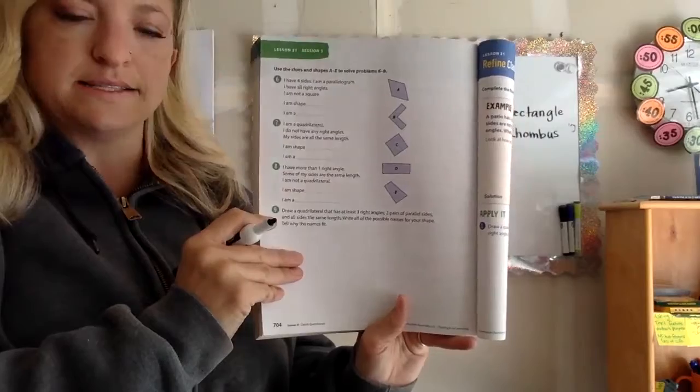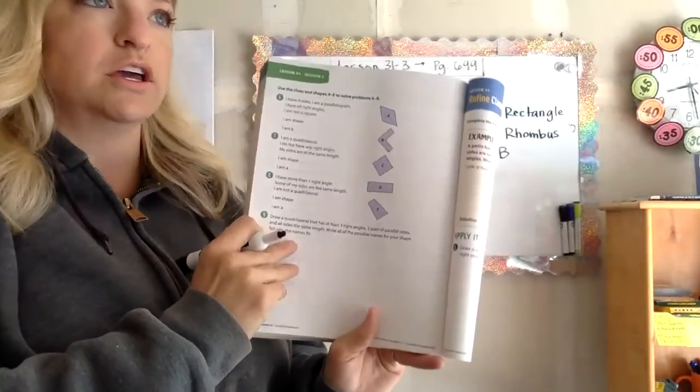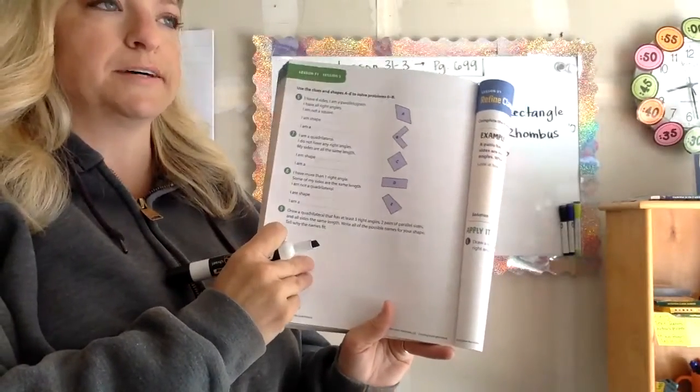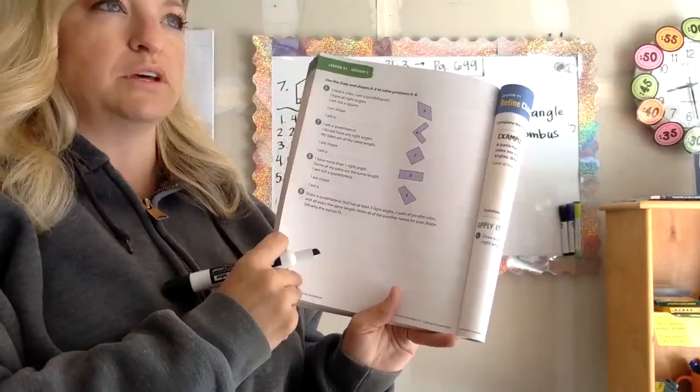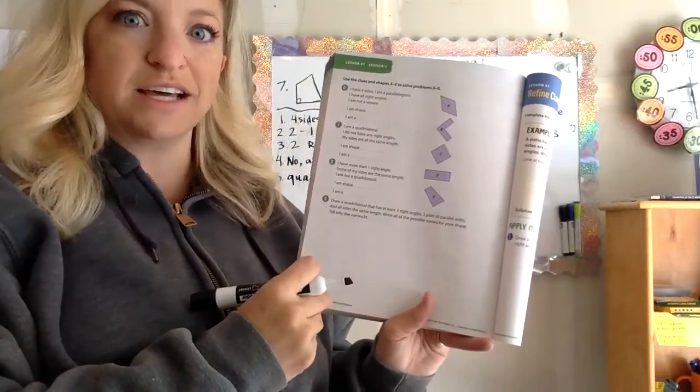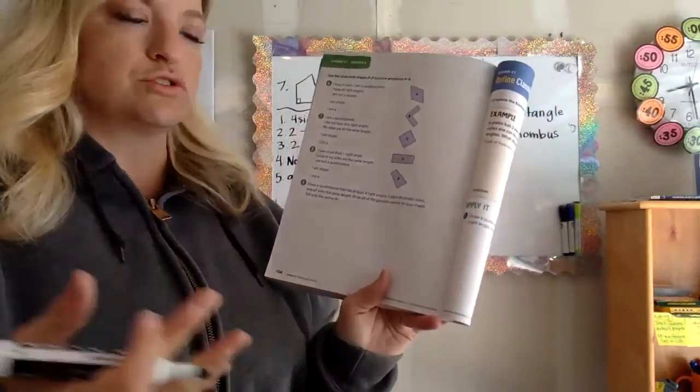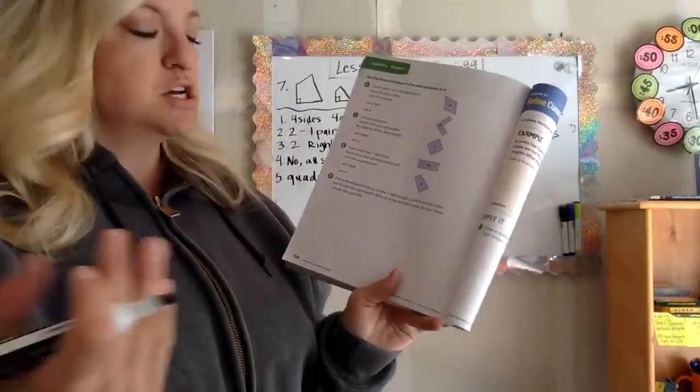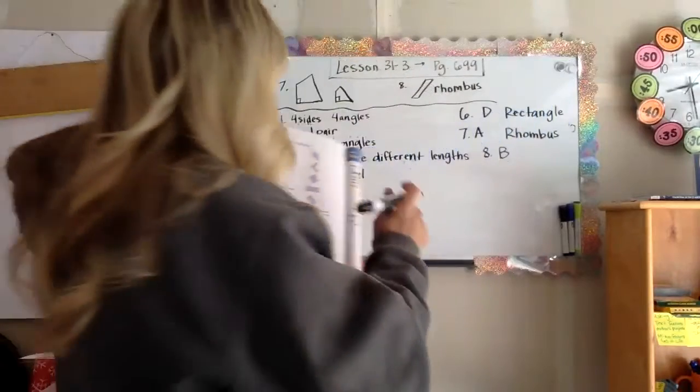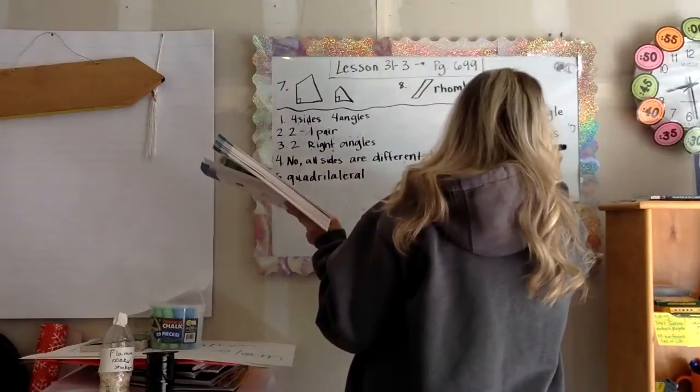A hexagon has 6 sides. Normally, you would think it would be some other shape. I believe it's the yellow shape in all of your class sets. But a hexagon truly is a shape that has 6 sides. So letter B is a hexagon.